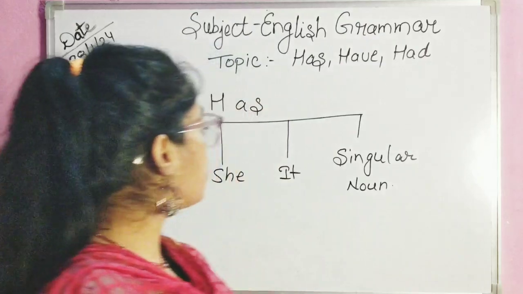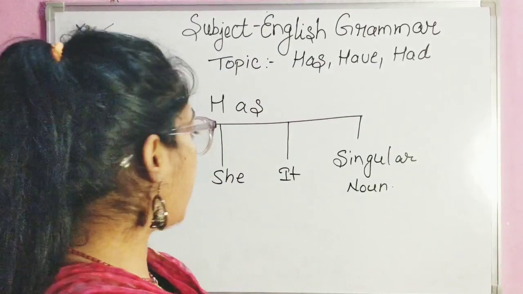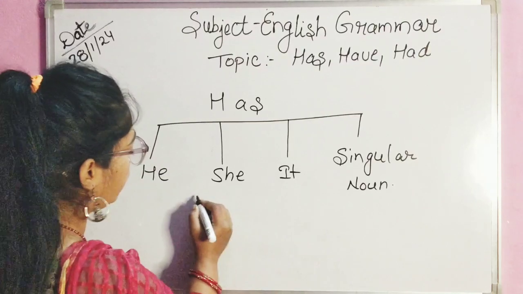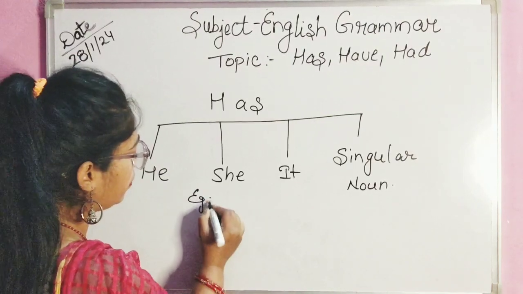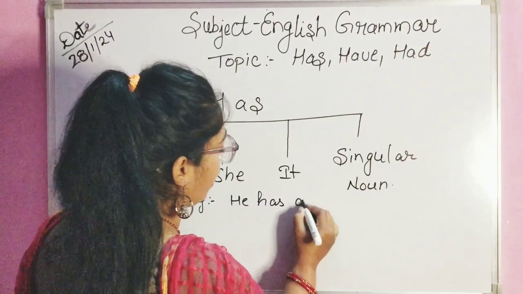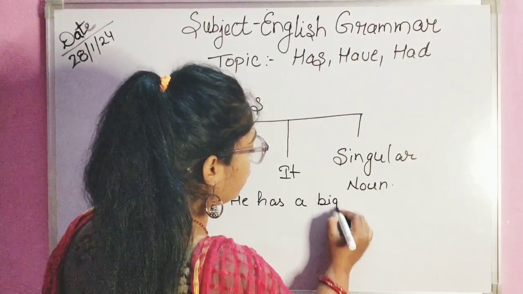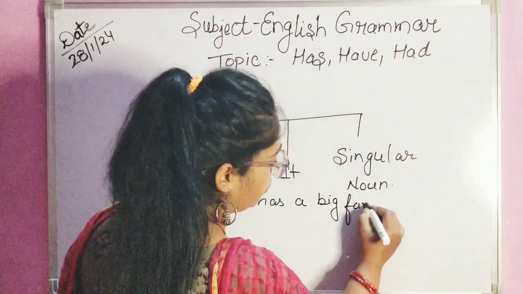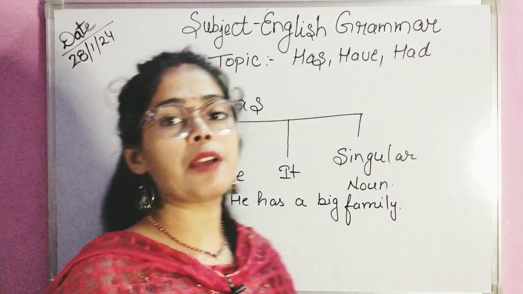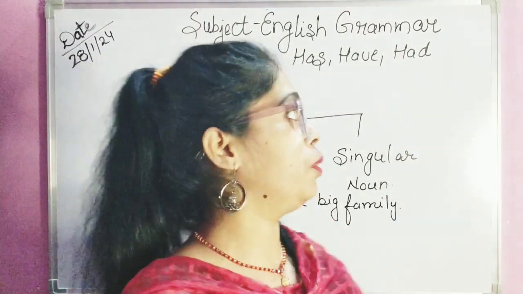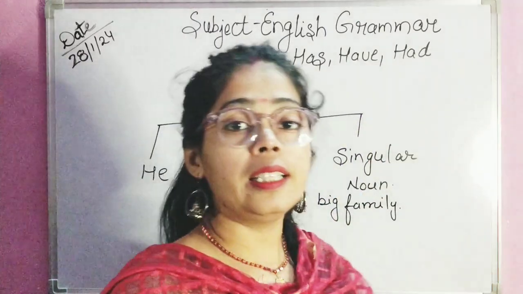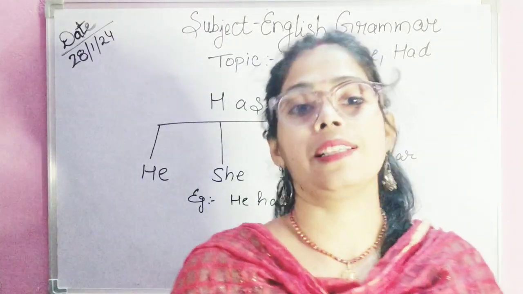So now let's take some examples. For example, we will write: He has a big family. One thing I would like to say, students, I forgot to tell you in the video, that has, have and had are all possession words.